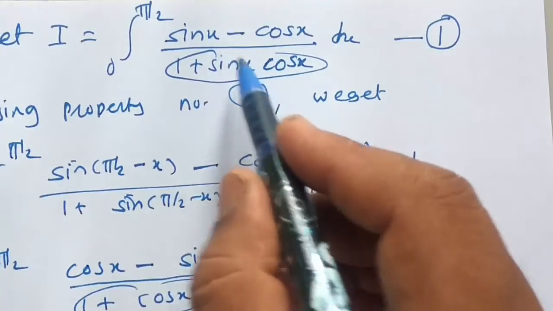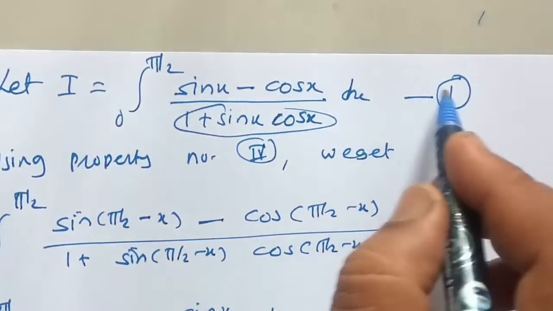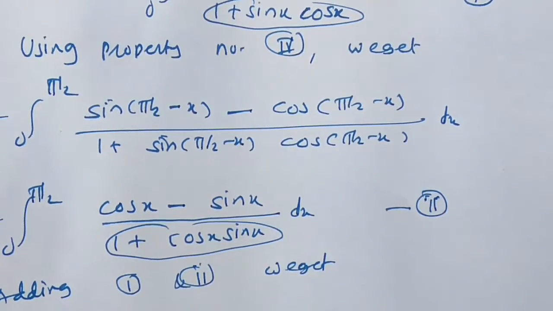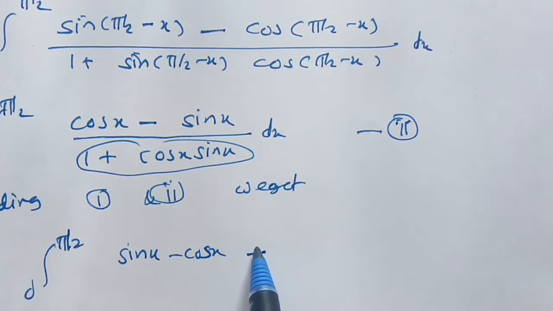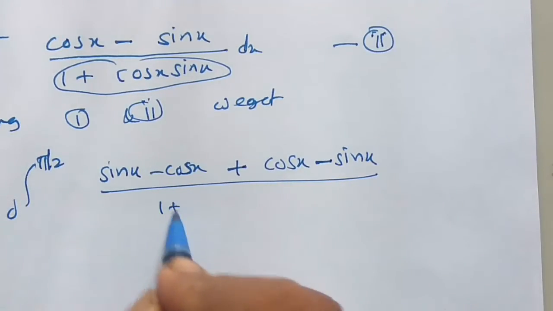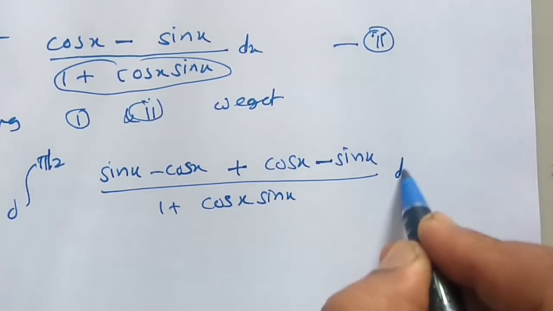Now the denominator is the same, so we take the sum of the numerators. The numerator of equation 1 is sin x minus cos x, and the numerator of equation number 2 is plus cos x minus sin x, upon 1 plus cos x into sin x dx.